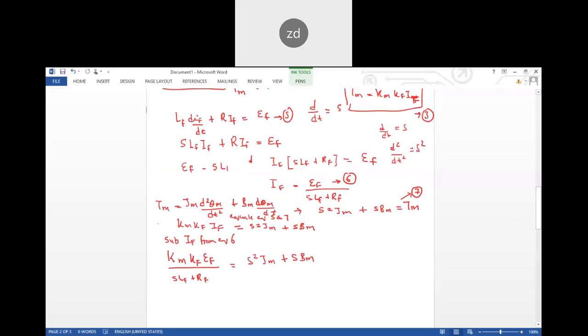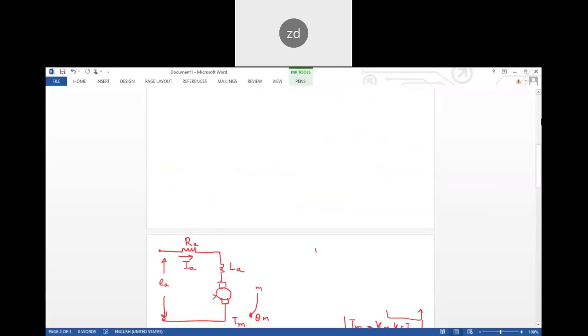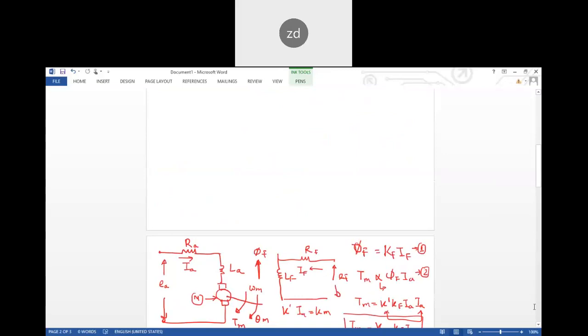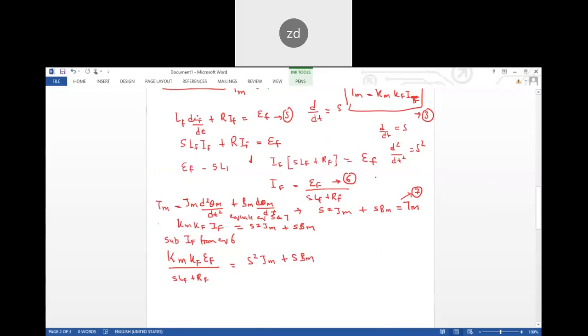So when I'm writing the equation of the torque, you see that I forgot this theta m term. I have to mention it, because this is s square Jm theta m, this is Bm s theta m. So theta m I can take outside.